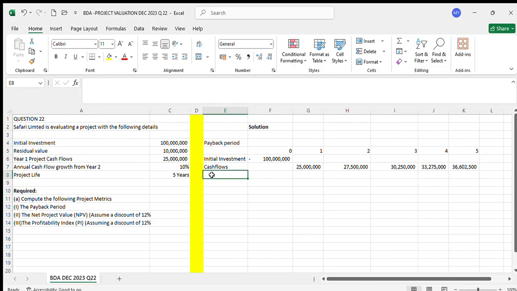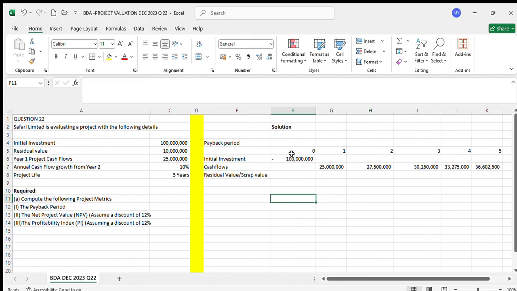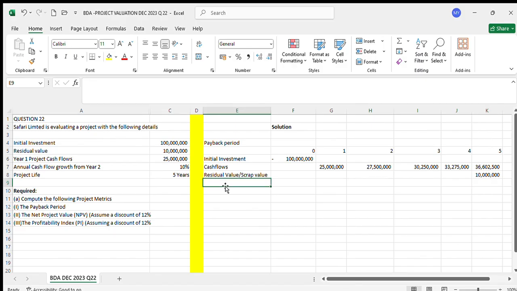Now remember the last year we have a scrap value or residual value, which we recover once we dispose of the asset. At the end of the 5th year, we're going to recover 10 million. That's L5.